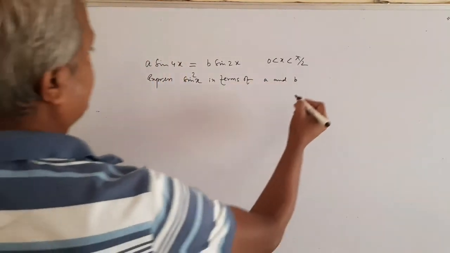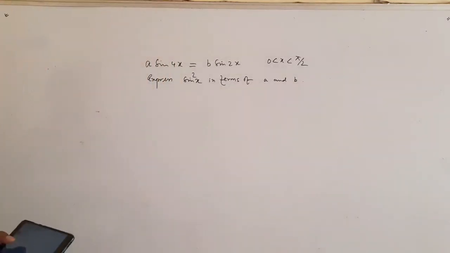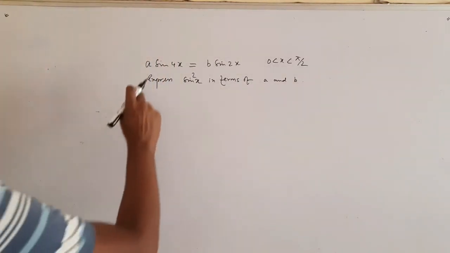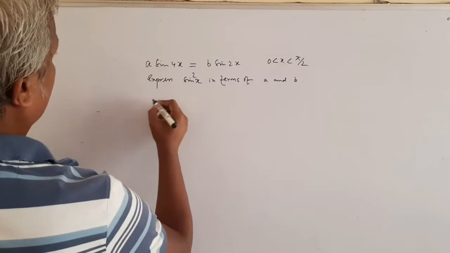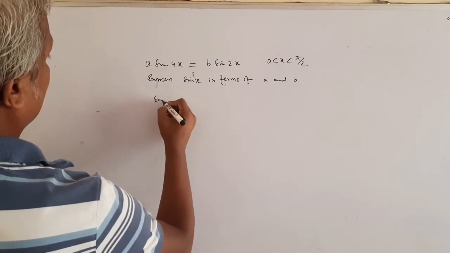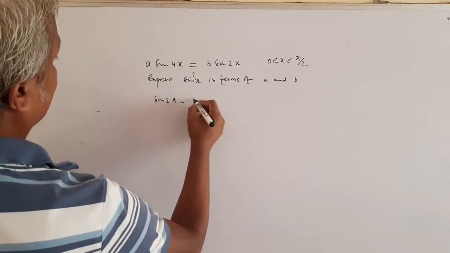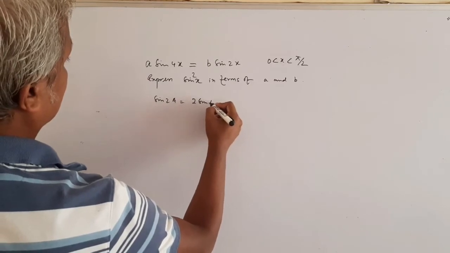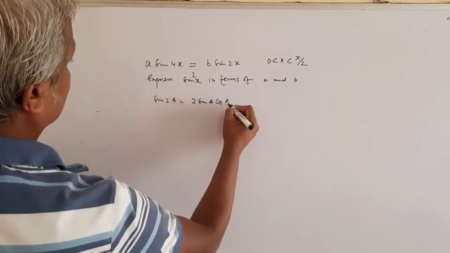Okay, how to solve this question? We know the formula that sine 2a is 2 sine a cos a.